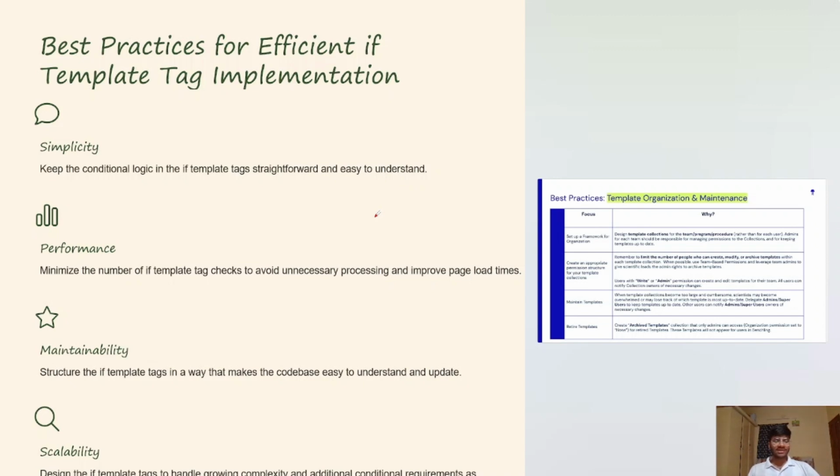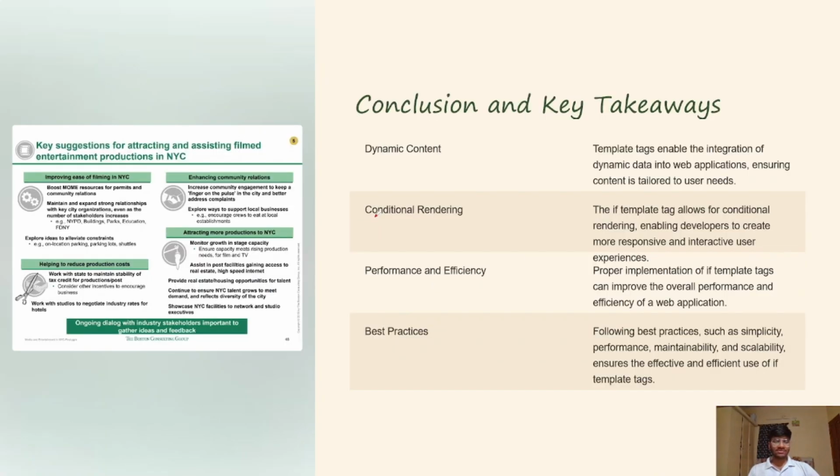Then maintainability: structure the if template tags in a well-maintained way that makes the code base easy to understand and also to update. Then scalability: design the if template tags to handle growing complexity and additional conditional requirements also.